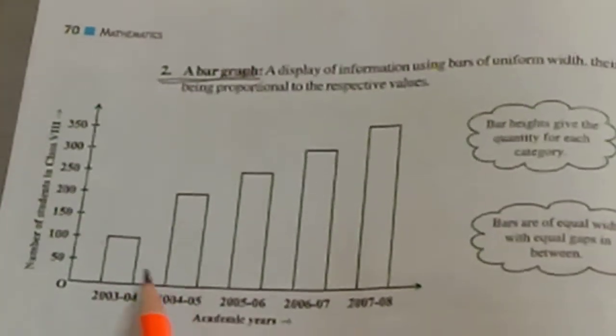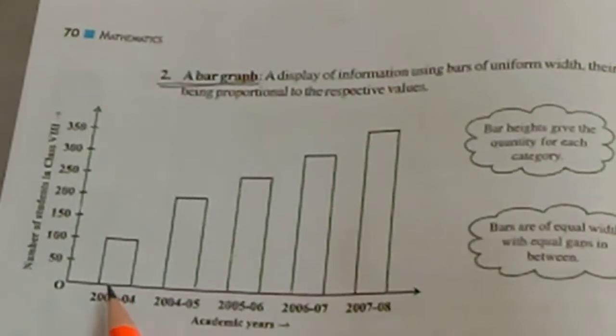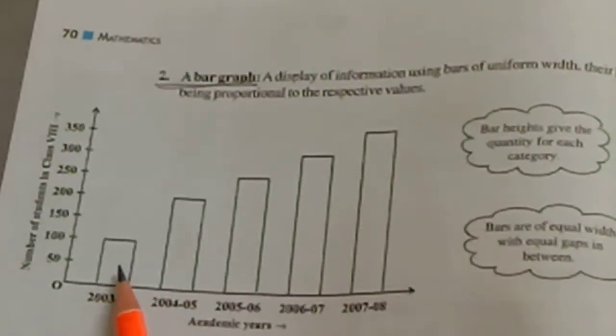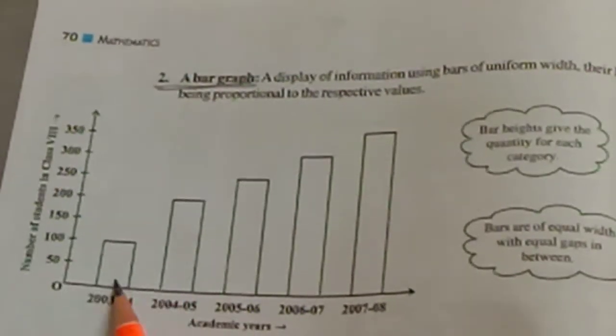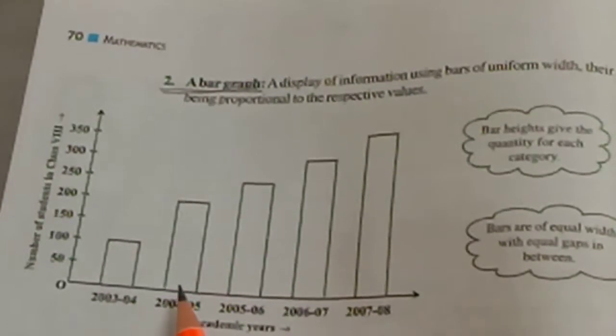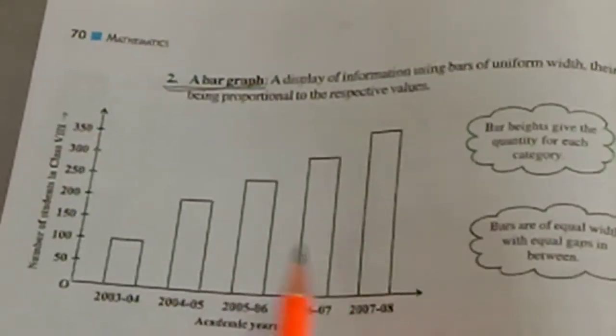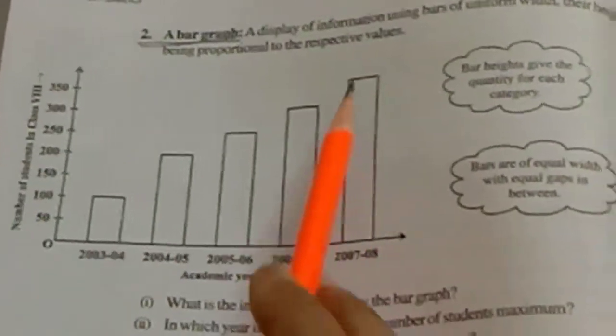These are different sessions, and there is no relation between them. The number of students in class 8 in this session has no relation to how many students will come in 2004 to 2005. So these are all different sessions, and a different bar graph has been shown for each session.